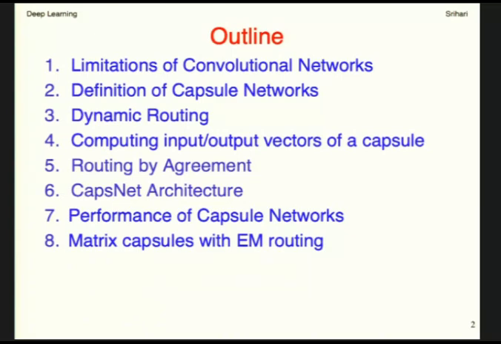So that's all it is. An ordinary neuron gives you a scalar value, right? It's a mapping. Whereas a capsule gives you a vector value as output. Such a simple transformation: going from a scalar value to a vector value at each node.